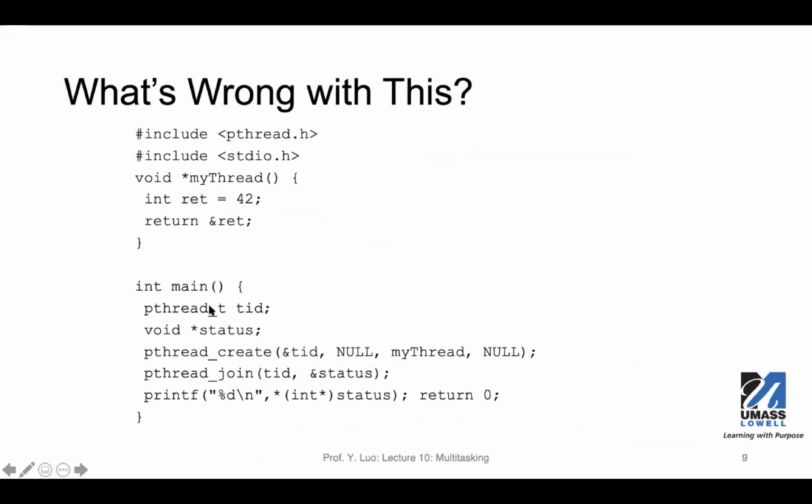In the main function we have the pthread ID, TID, status, and then we call pthread create, using the default attributes and the myThread function, passing no arguments, and thread join waits for the thread to complete.